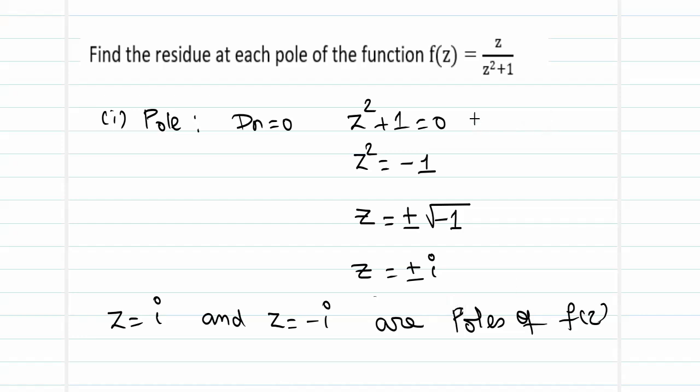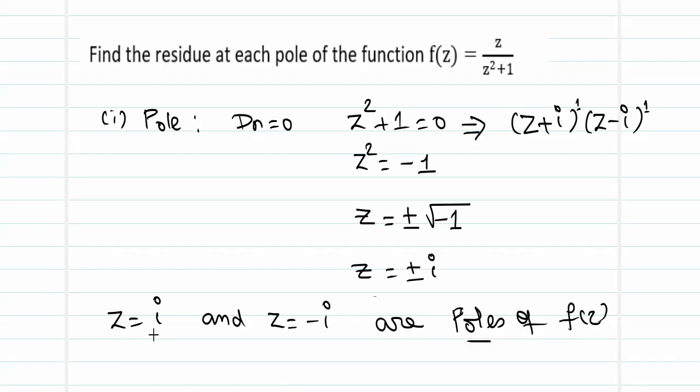So I can rewrite this z square plus 1 is equal to 0 as (z plus i) into (z minus i). So that is how my denominator gets converted. Now notice that this power is 1, this power is 1. So what do you think is going to be the nature of these poles?